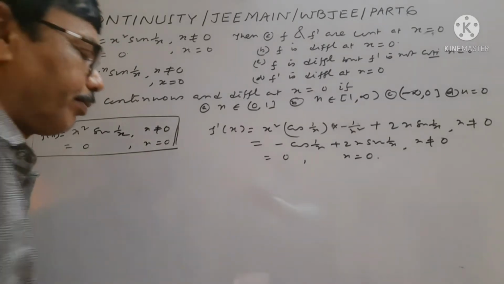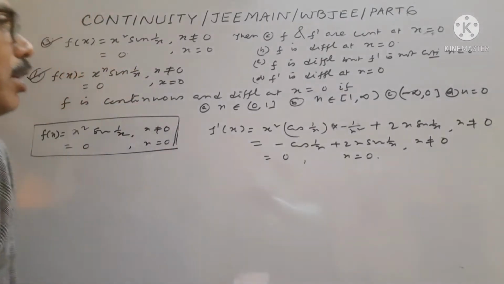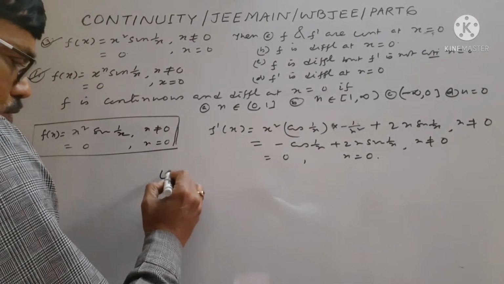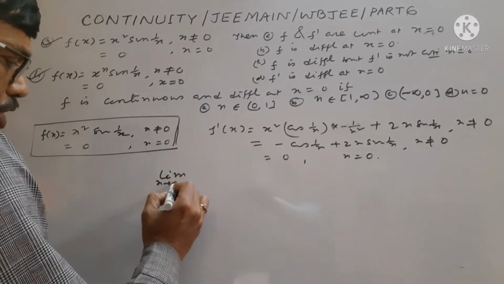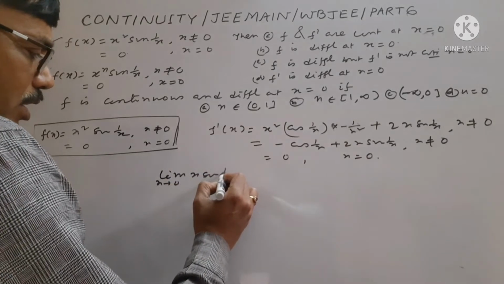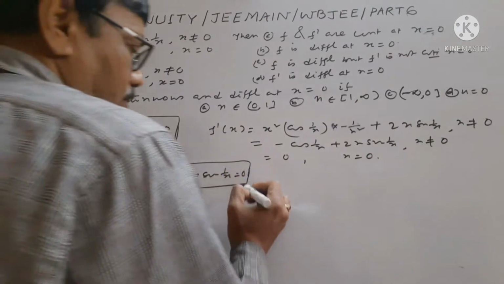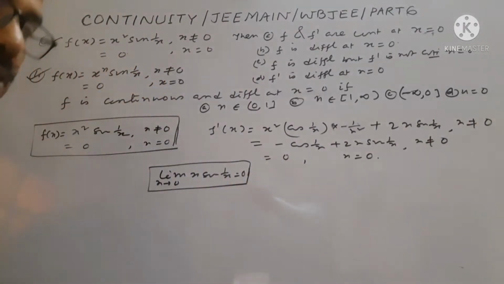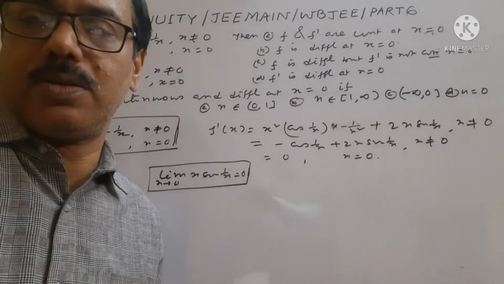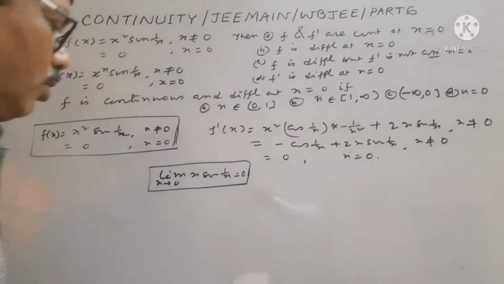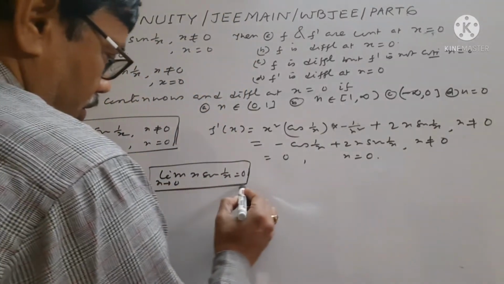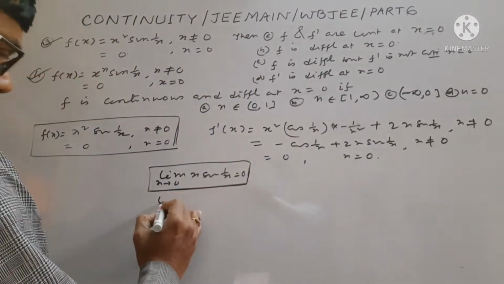So look, we know this standard result: limit x tends to 0 of x sin(1/x) equals 0.